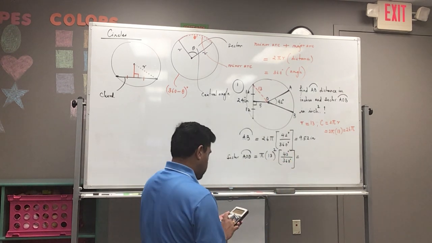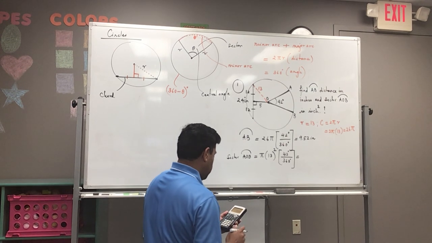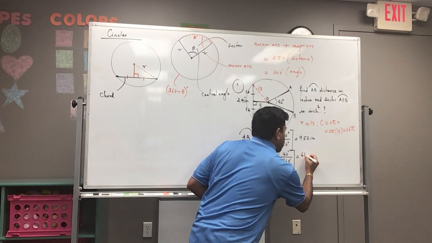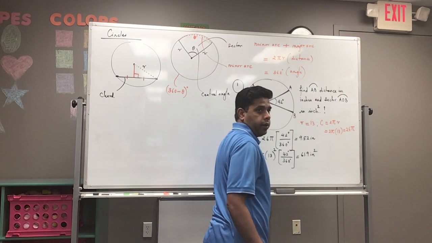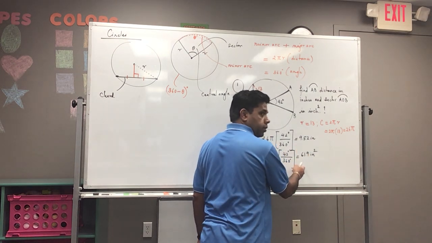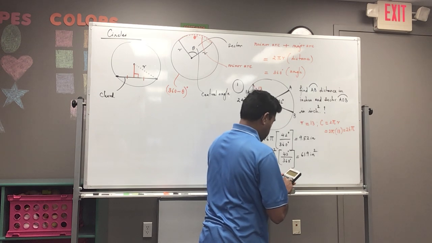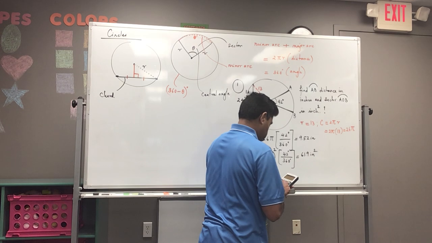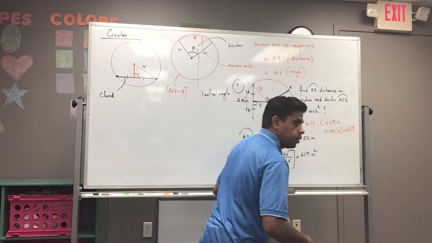So it's 169, 13 squared, times 3.14 times 42 divided by 360. 61.9 inches squared. Did anybody get that one? If you got the last one, Nathan, you should be getting this one. It's pretty simple. Unless I typed it wrong. Let me try it again. 13 squared times 3.14 times 42 divided by 360. Yeah, 61.9.